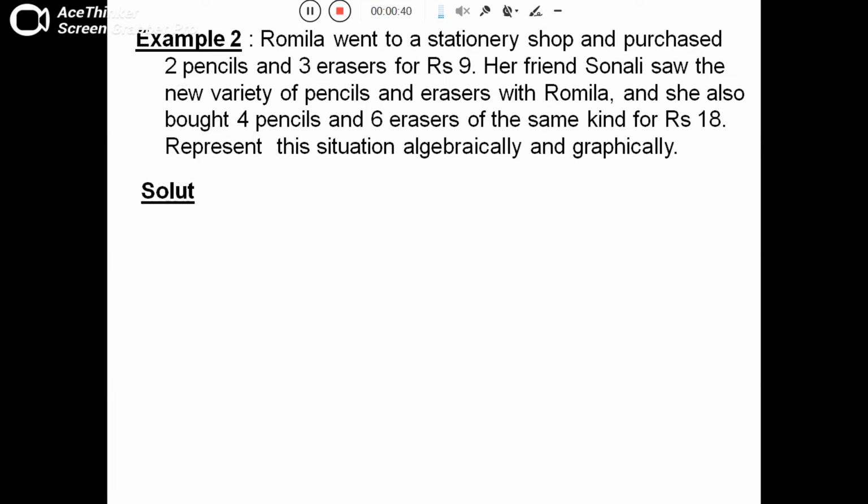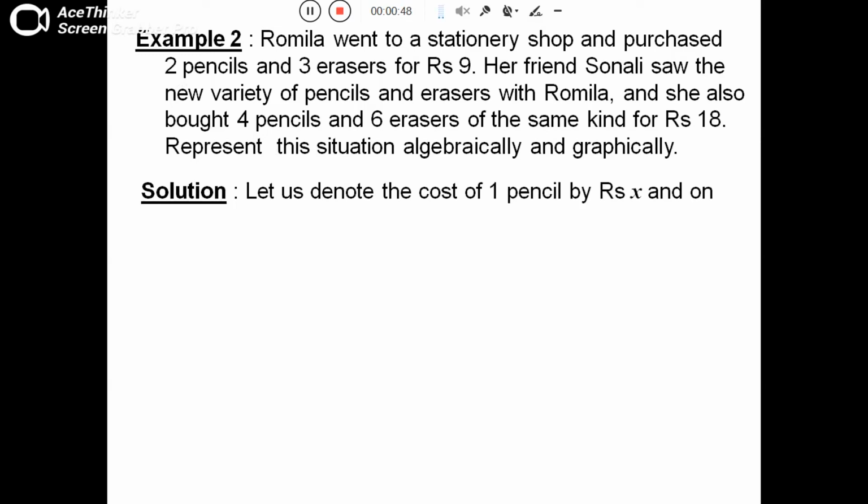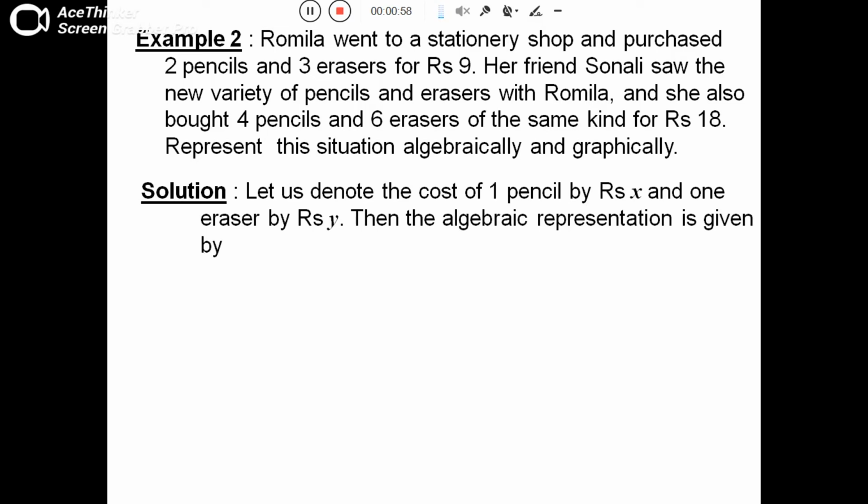For the solution, let us suppose that the cost of 1 pencil is ₹x and the cost of 1 eraser is ₹y. Then the algebraic representation of the equations is given by the following equations.